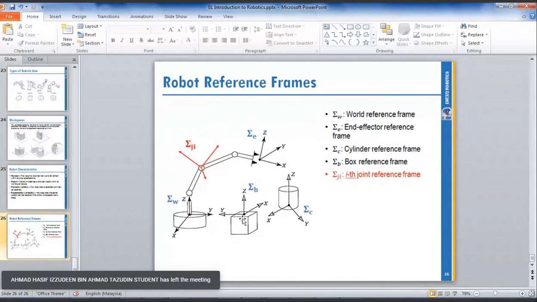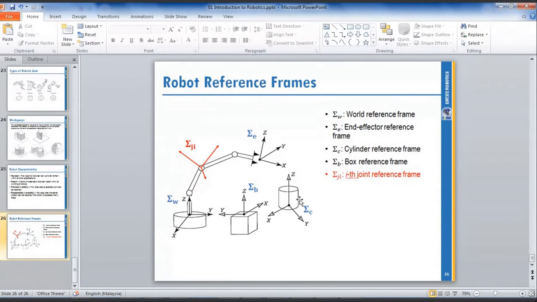So this box will move in this robotic arm working envelope. This cylinder will also move. So we cannot use this as a world reference. World reference means that everything in this part will refer to this reference.